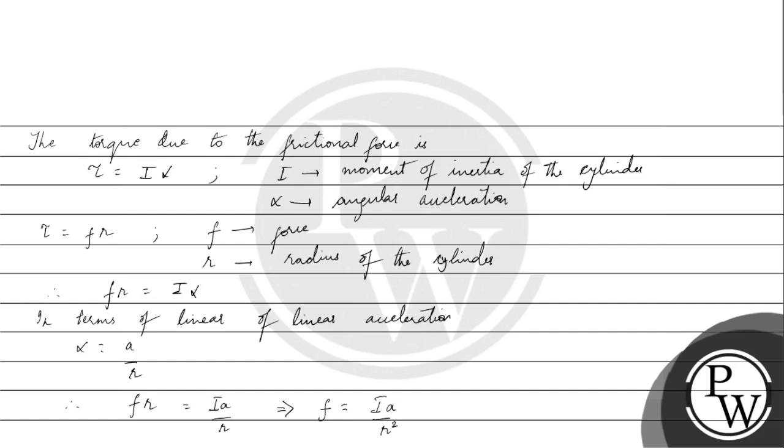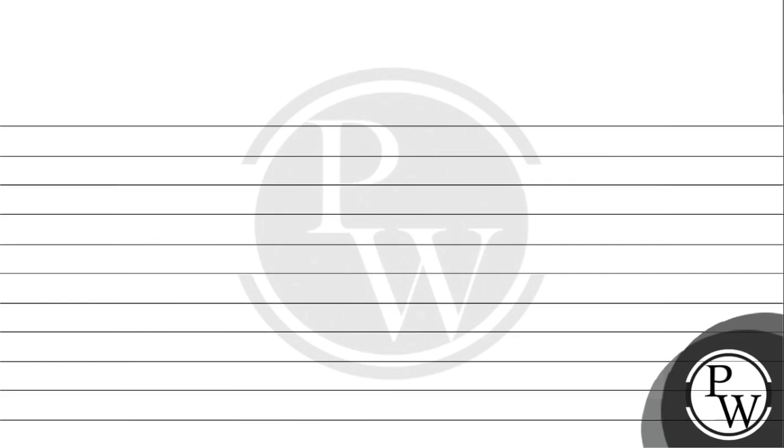तो हम इसको फोर्स इक्वेशन में सब्स्टिट्यूट करेंगे. Substituting for F in the force equation, तो हम ये लिख सकते हैं कि ma is equal to mg sin theta minus I a by R squared.